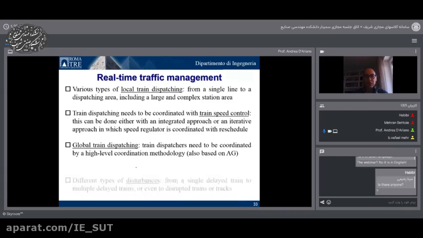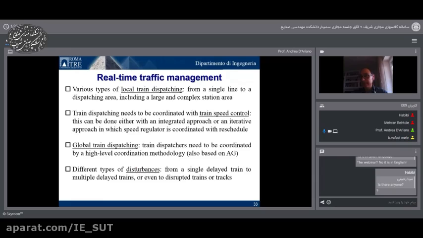Real-time traffic management is also dealing with disturbances. Different types of disturbances require different types of decision support. If you have a small delay, for example one single train delayed, or a few trains delayed with a small delay, then this might be called a light disturbance.